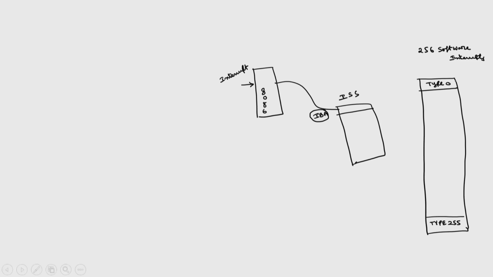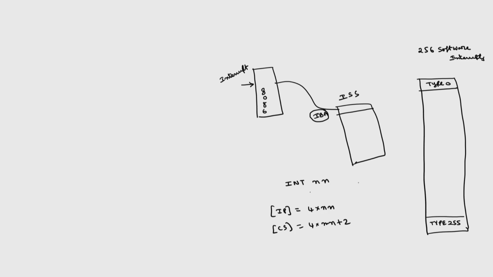Each will take 4 locations. So in general, if you have INT NN, the contents of IP will be at 4 times NN, and the contents of CS will be at 4 times NN plus 2.